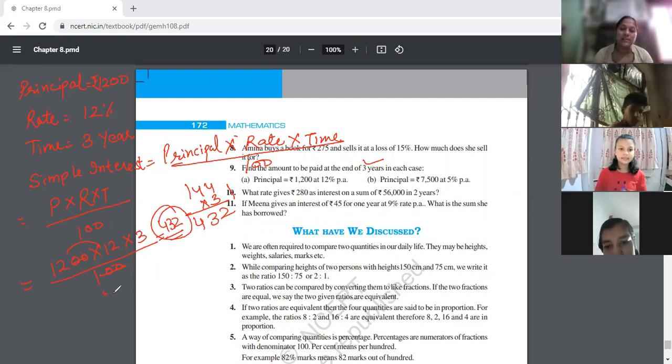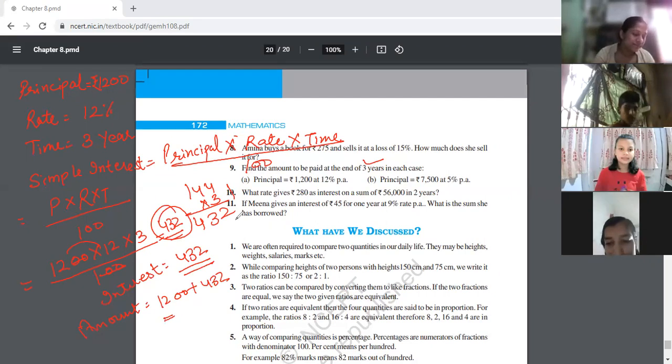What is the amount? Amount is 1200 plus 432. Add both. It is rupees 1632. This is your answer. Okay.